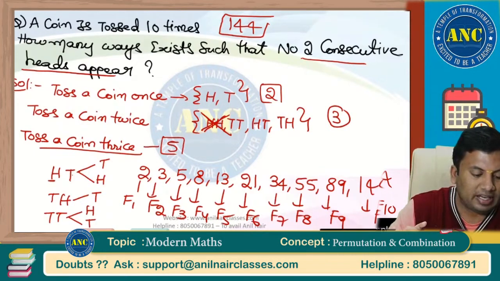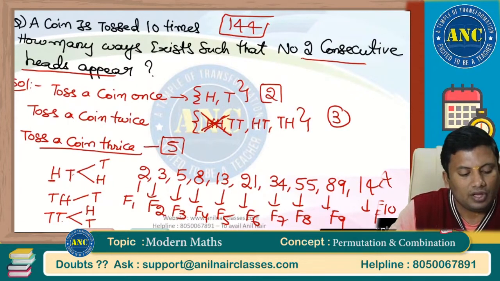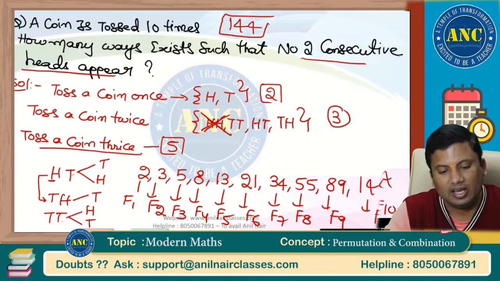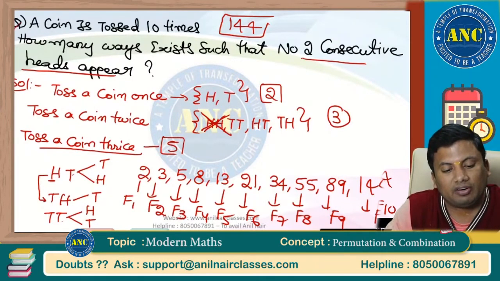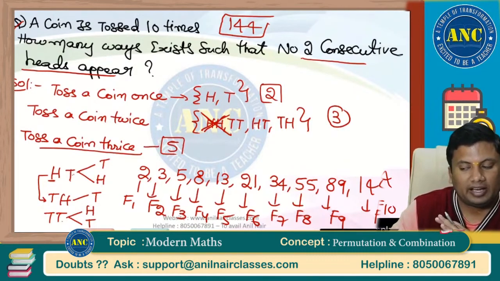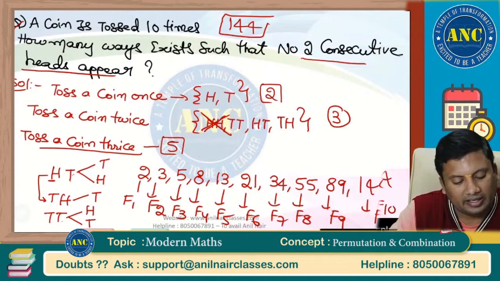With T it can be T, with T it can be H. So first time it can be either head or tail. If it is head, next cannot be head, so it is T. With T, next can be head or tail. Total 5 cases. Another beautiful application of Fibonacci series. I hope the idea it is clear.